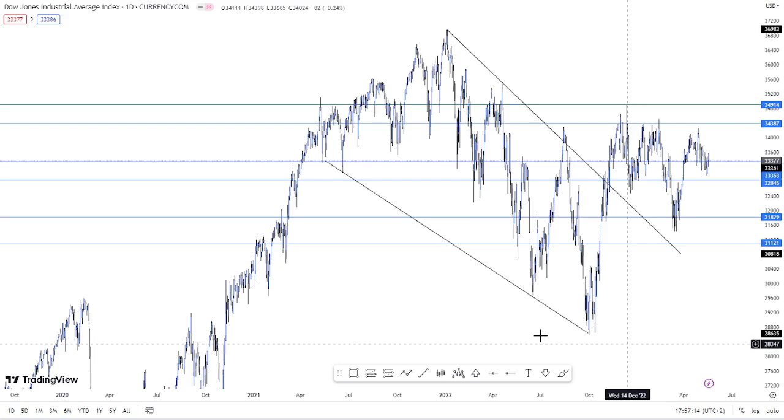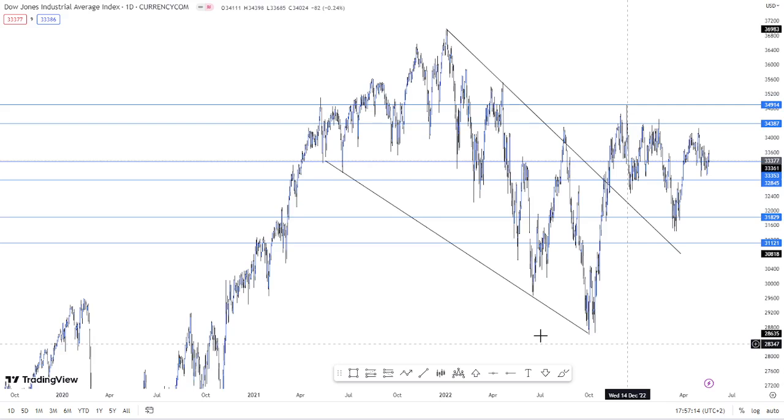Our main focus is going to be the current market, but you should never forget the overall structure of what has been happening in the market.